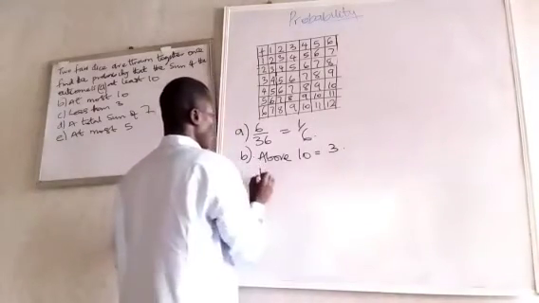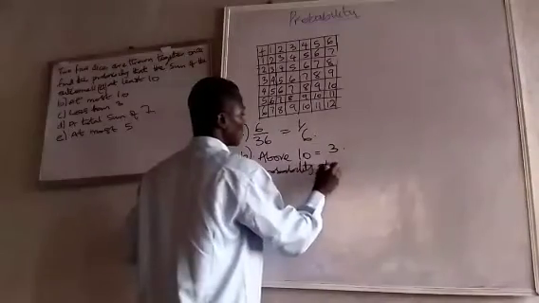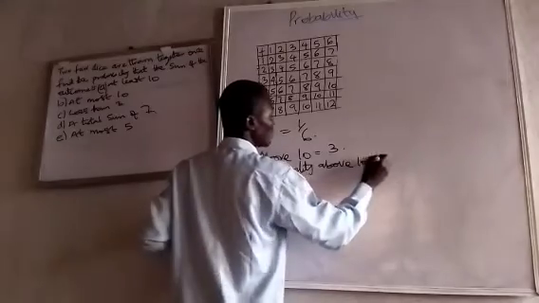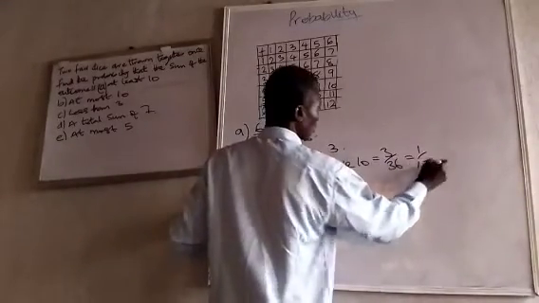And then the probability above 10 is 3 over 36, which is 1 over 12.